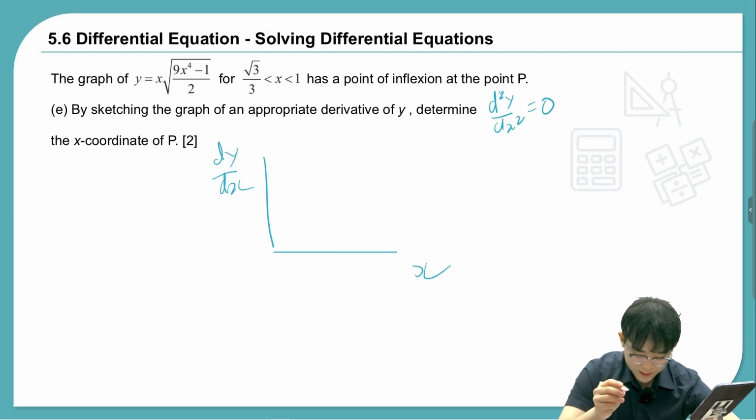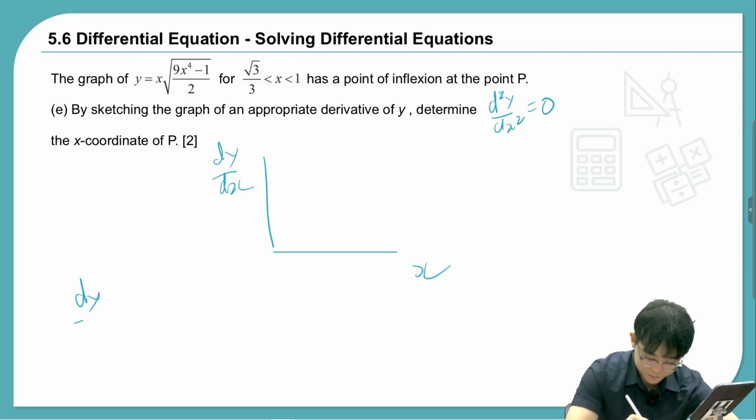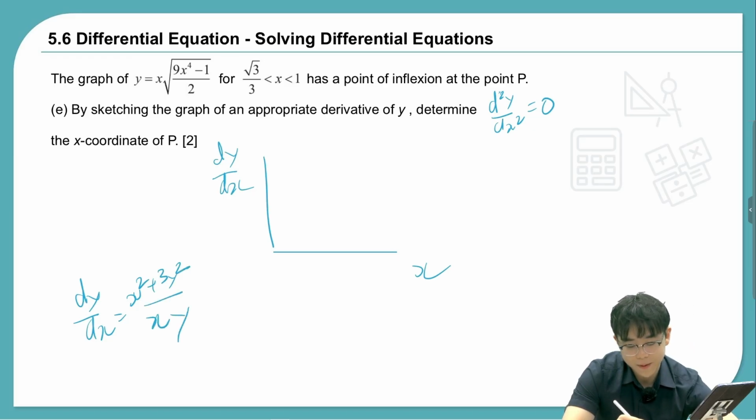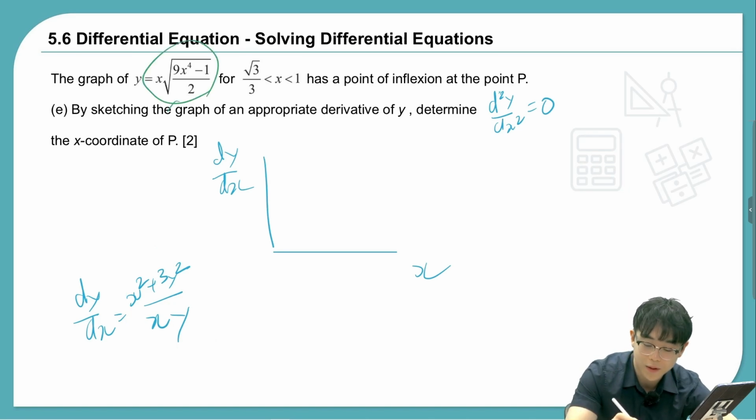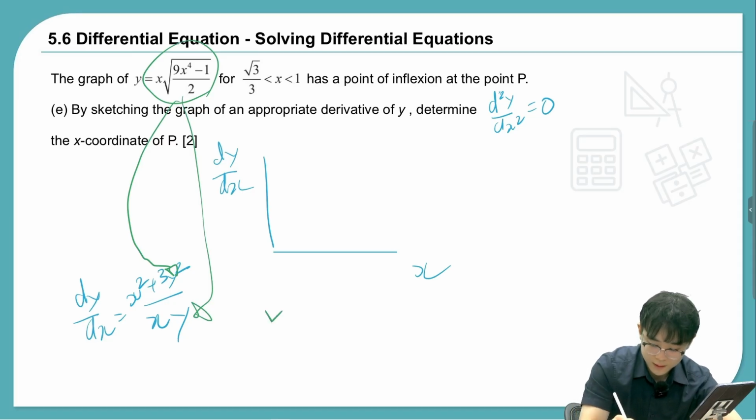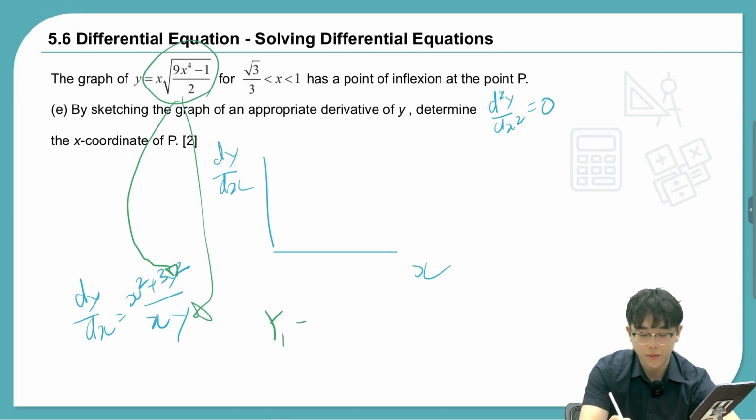So dy over dx was simply x squared plus 3y squared over xy. It's kind of hard to put this into the calculator, but the good news is we can substitute in this expression for y. So in your calculator, we would have y1 equals the expression for dy over dx, but in terms of x only.